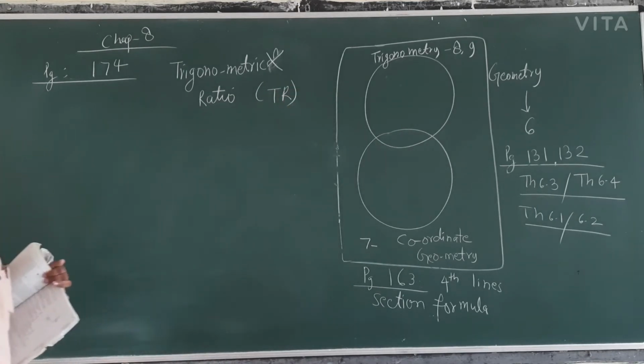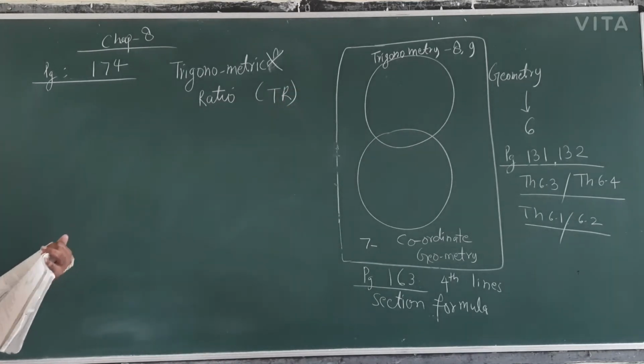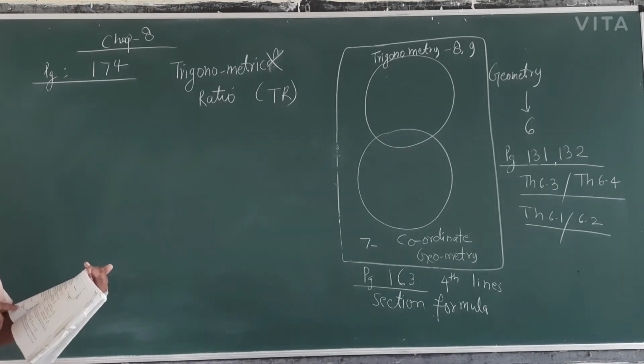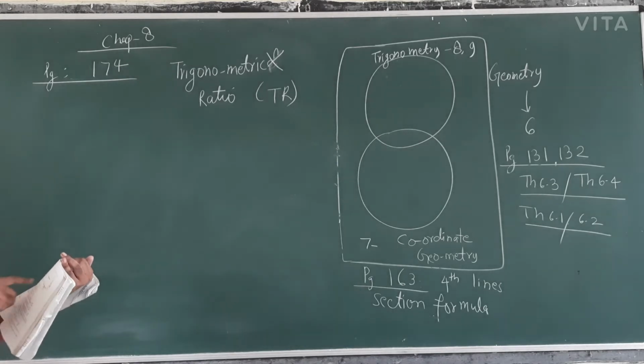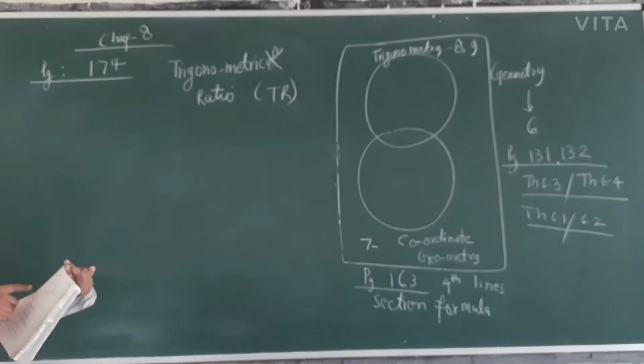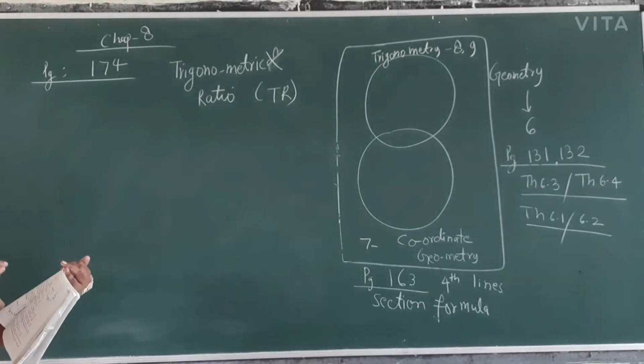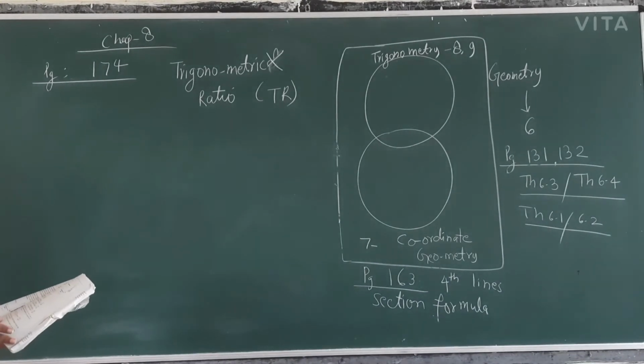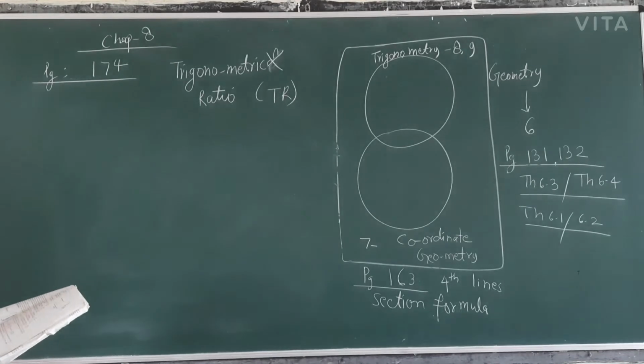In page number 174, 175 obviously, the whole concept is about the right angle triangle. 174, 175. And most of the questions will be for the right angle triangle.